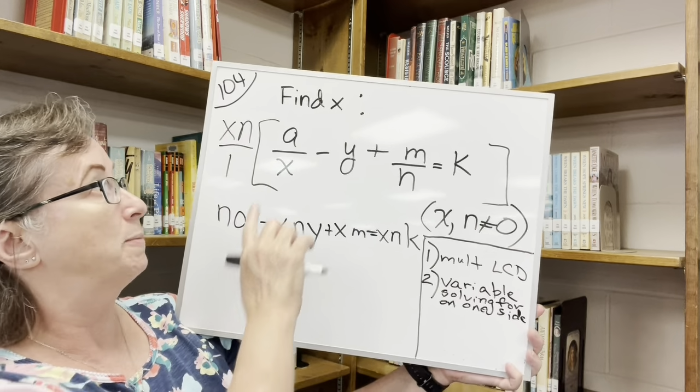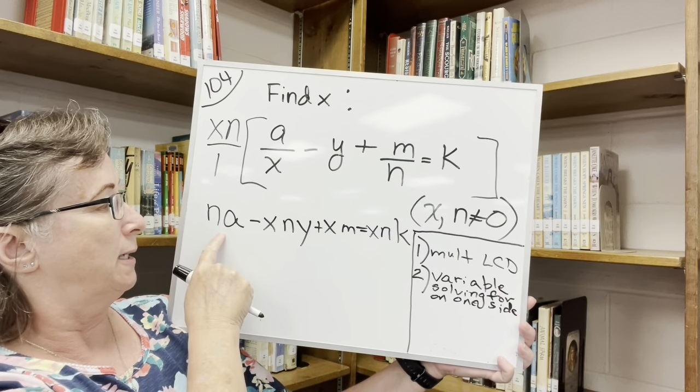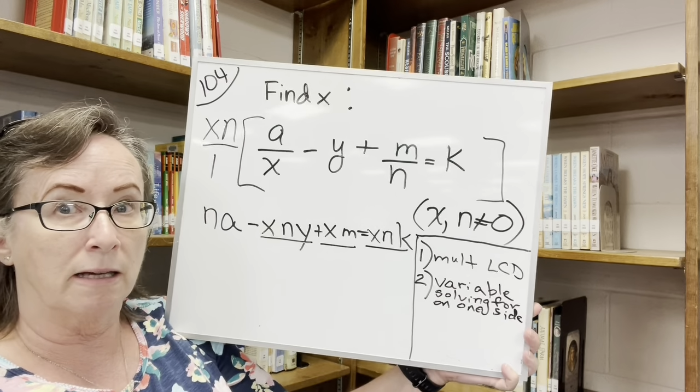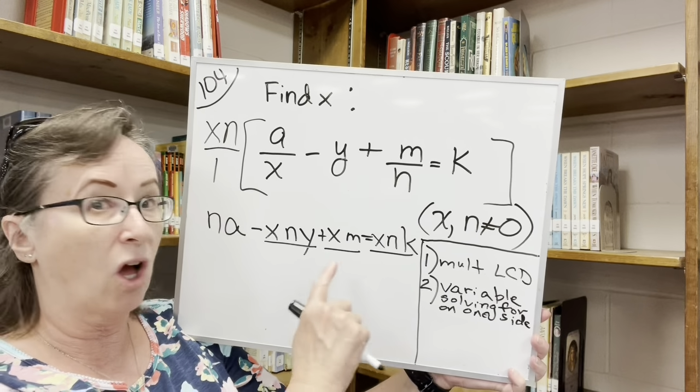Okay, so I'm solving for x. This one does not have an x, this one has an x, this one has an x, this one has an x. So I need to get everything that has an x on one side.